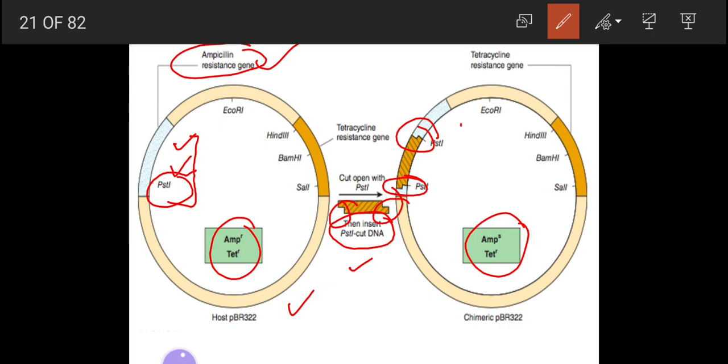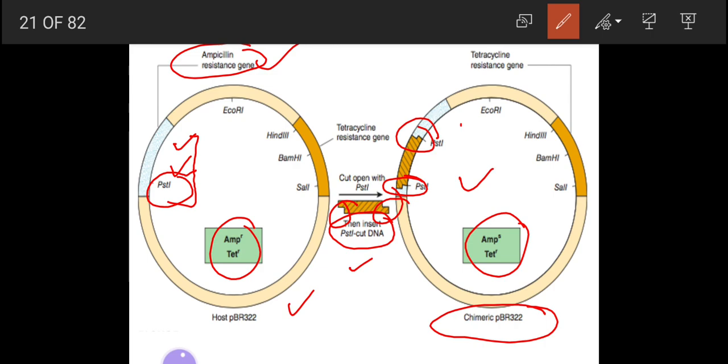So this chimeric pBR322 plasmid, if it is grown in media which contains ampicillin, and it dies or its growth cannot be propagated, it means that this plasmid is sensitive to ampicillin, and this plasmid contains our DNA of interest.